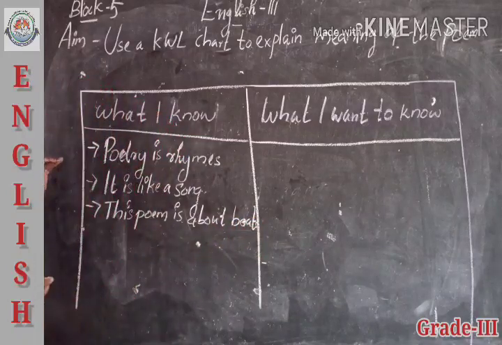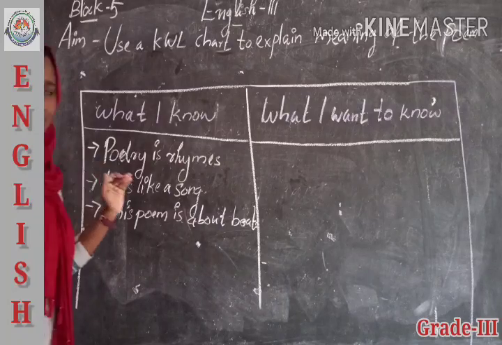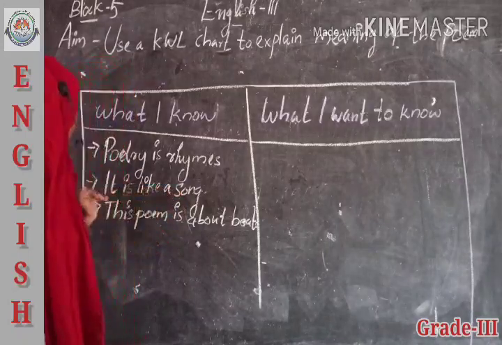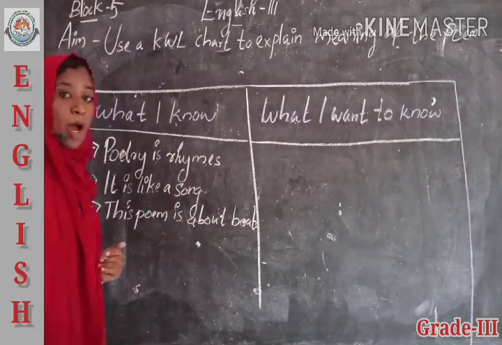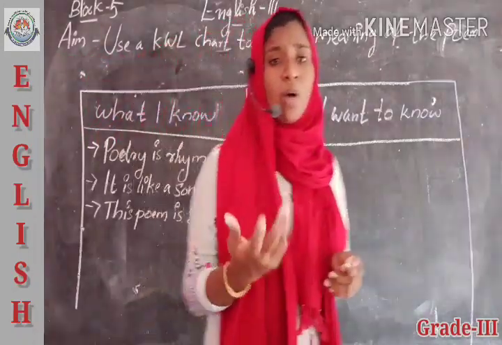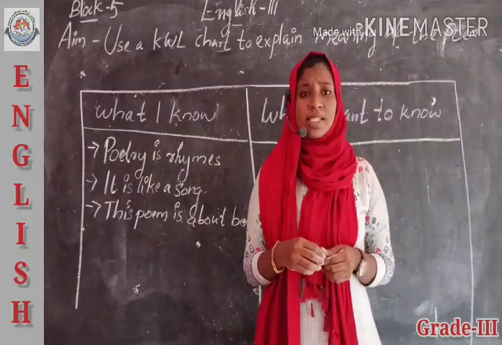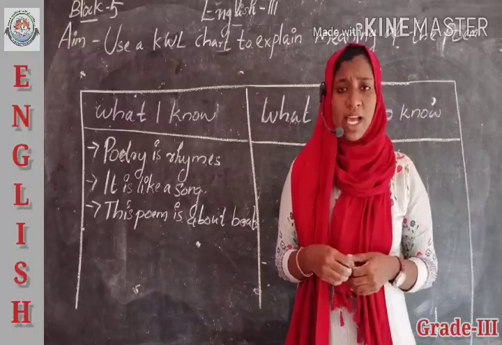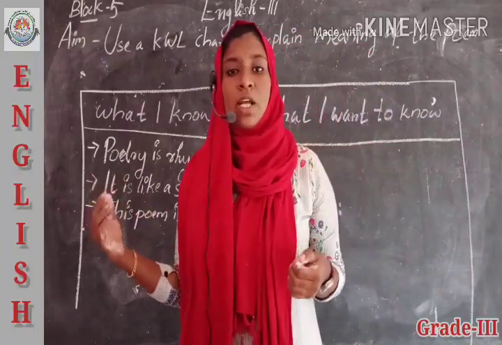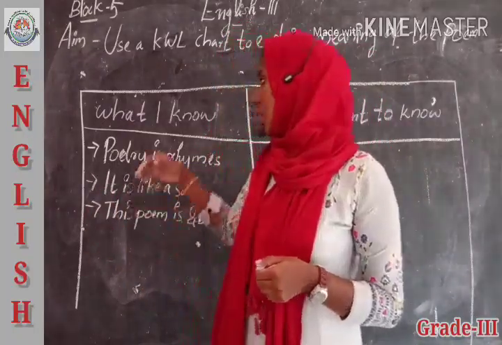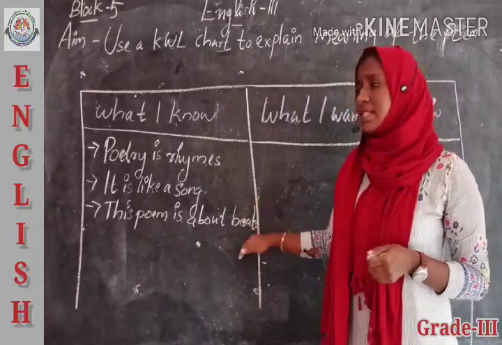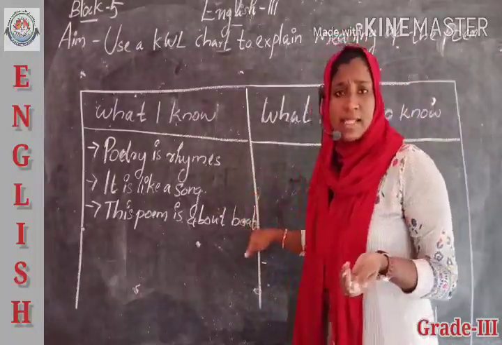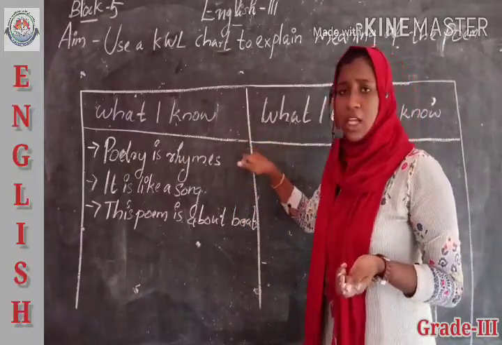Is it clear? We already know that poetry is rhymes, that it is like a song, and that this poem is about birds. How do we know that this poem is about birds? Yes, from the title itself we understood that. What is our title? Yes, Where Go the Birds. So these three things we already know. So you have to write these three things in this column, what I know.